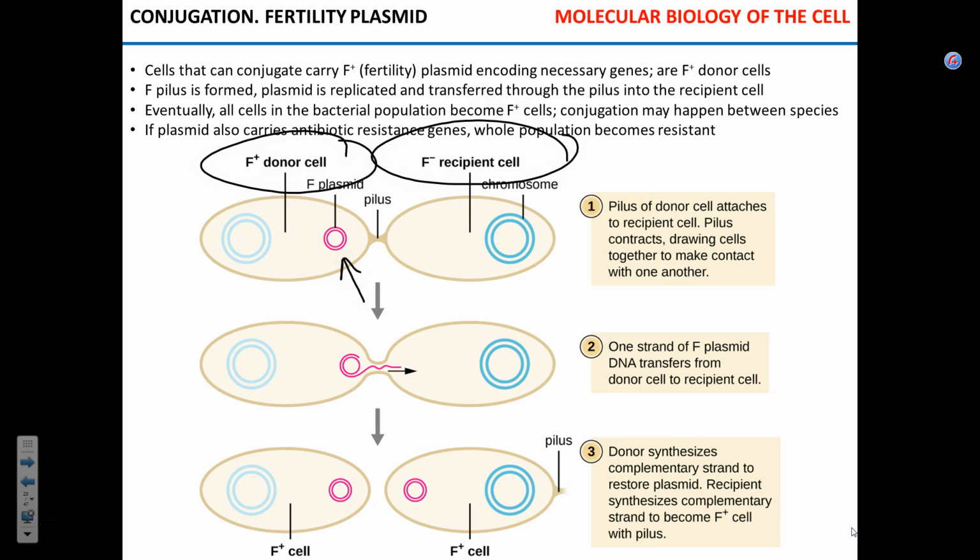Does that make sense? So when F positive and F negative cells encounter each other, they form a bridge using pili. The plasmid replicates itself and introduces the copy into the fertility negative cell. Okay? That makes sense?